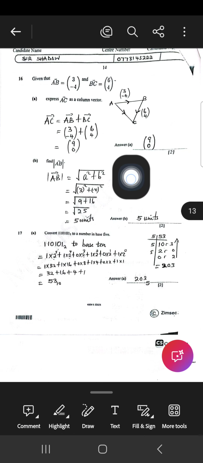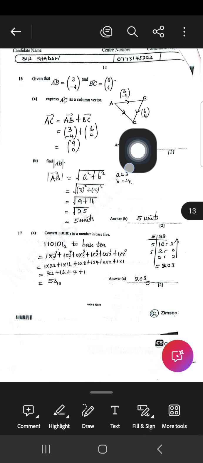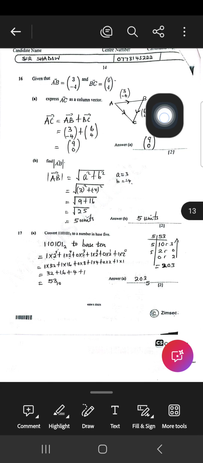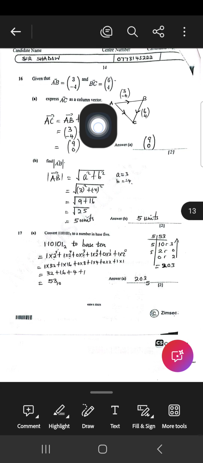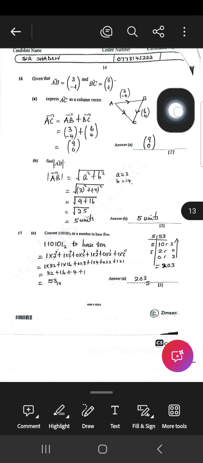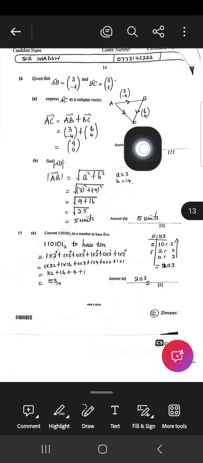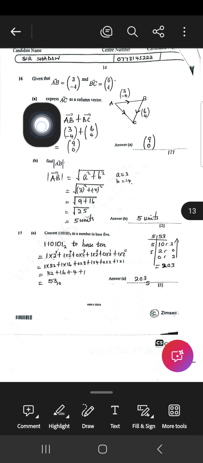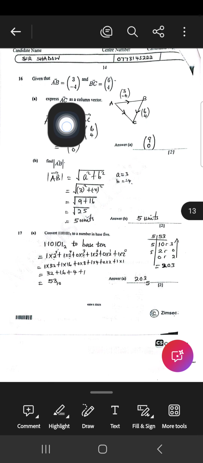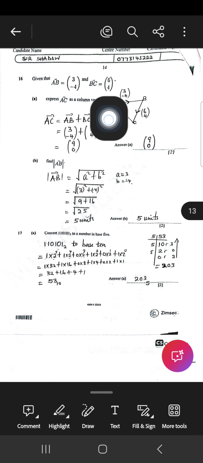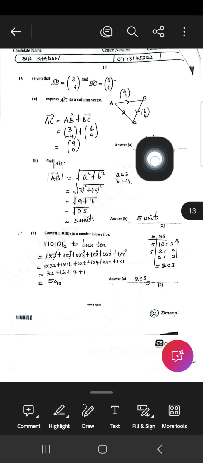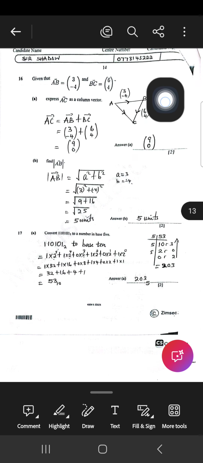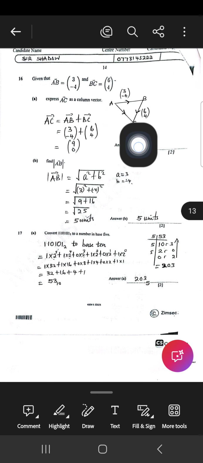So AB is found right here, which is 3 minus 4. Then BC is found right here, which is 6, 4. Now I was asked to find AC. AC is found right here. So for us to find AC, I'm saying AB plus BC. That's how to find AC.